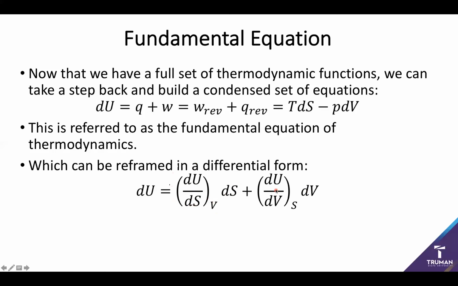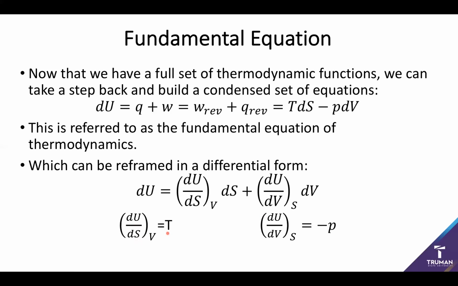Similarly, for the volume term, it's going to be the change of internal energy with volume under isentropic conditions. Now, when we compare these two forms of the fundamental equation, a truly powerful set of expressions pops out, because it turns out that the isochoric change of internal energy with entropy is simply the temperature.